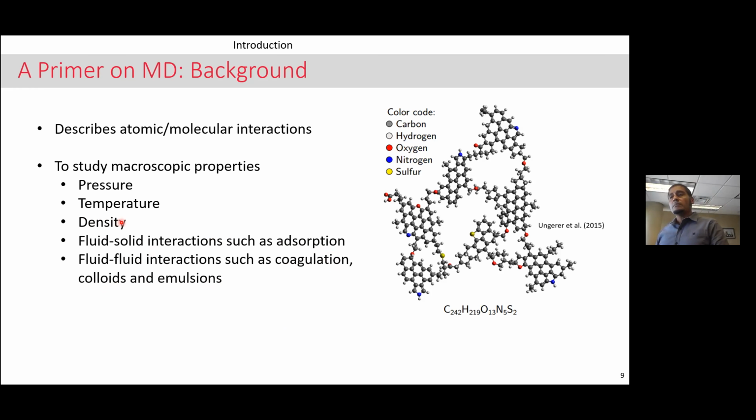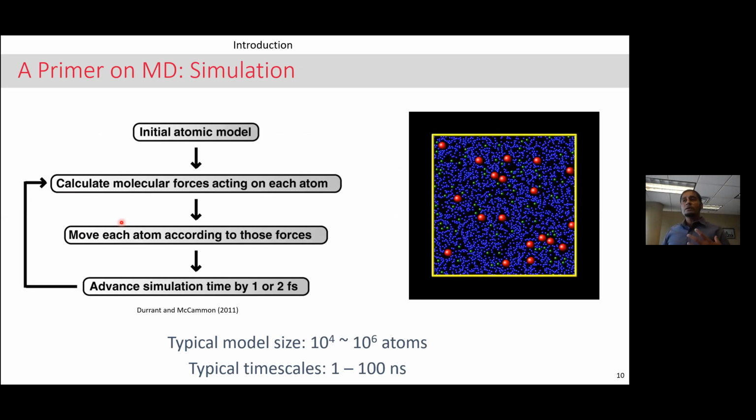So if you're going to be doing something like that, how exactly are we going to be quantifying these phenomena, things like adsorption, density and volume? It turns out that the process is quite simple.